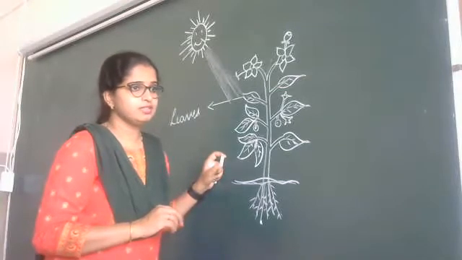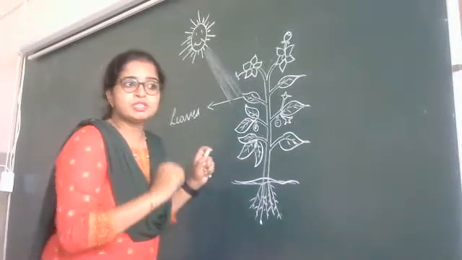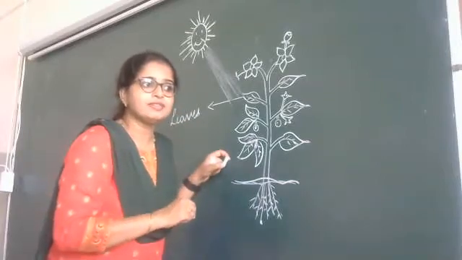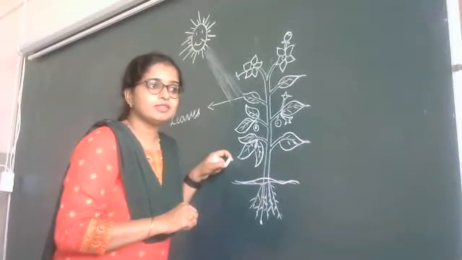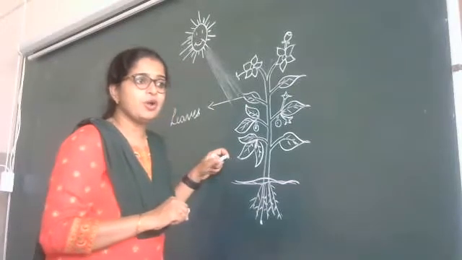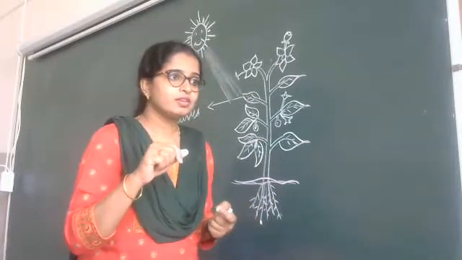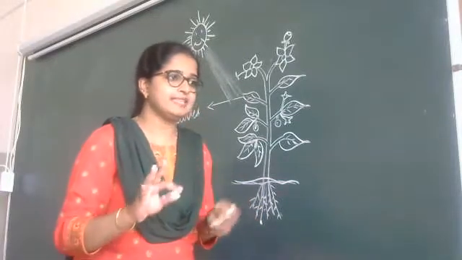Understood? Yes, ma'am. Tell me, this process is called what? Where leaves prepare food for the plant. This process is called photo. Photo, you know photo? Yes, ma'am. Photosynthesis.